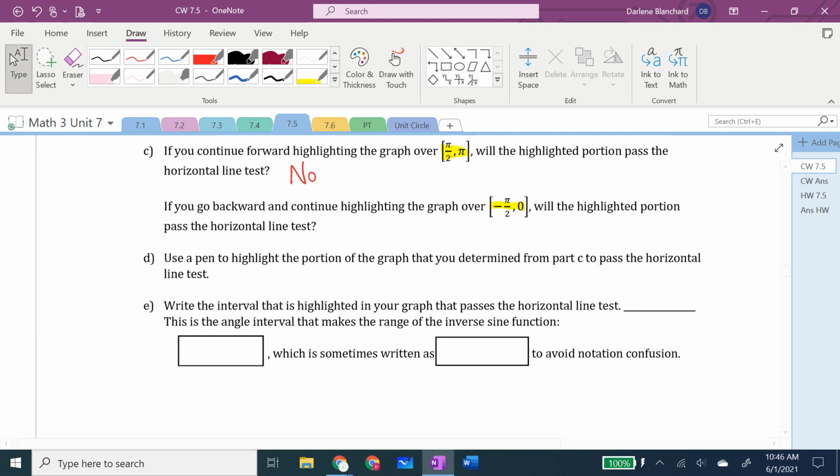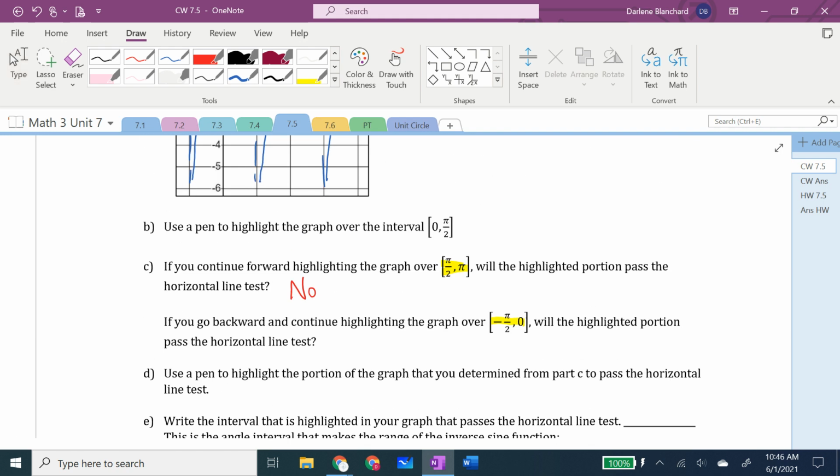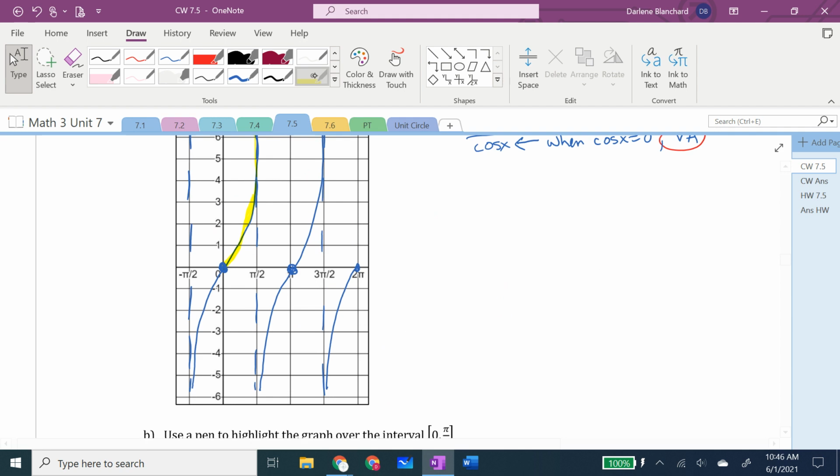And you'll see a bit more why when we get near the end. But every one of these, we're trying to figure out whether we want to use 0 to pi or negative pi over 2 to positive pi over 2. And the point that I want to make here is why the choices were made to either extend it to pi or to extend it backward to negative pi over 2.